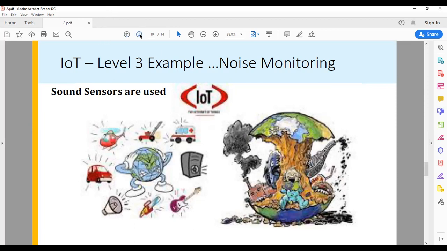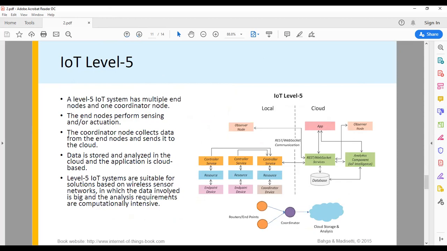Now level 5. Here you can see two different nodes. There is a controller node, which could act as a data center. It is an advanced level from level 4: the system has multiple nodes and one coordinator.